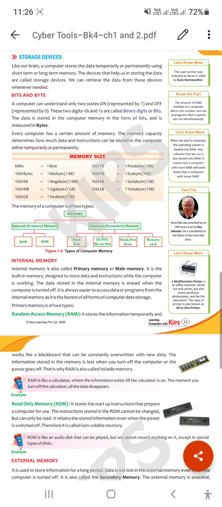Students, a few important points are here. The laser printer was invented at Xerox in 1969 by Gary Starkweather. So you have to note down all these facts, and the fact file also, because it contains very important points.